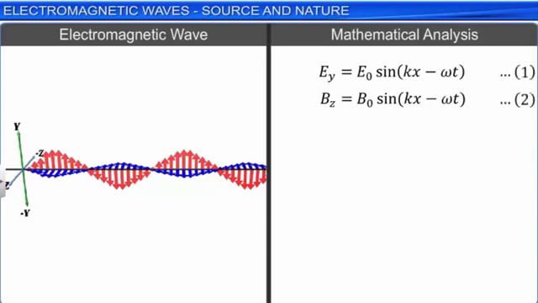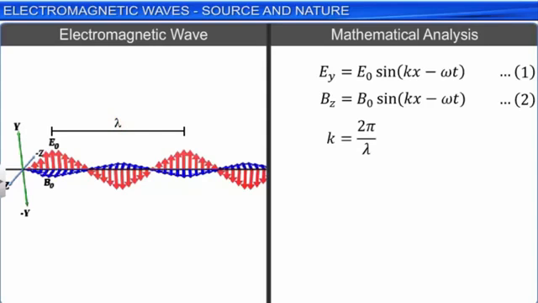Here, E_0 is the maximum value or amplitude of the electric field. B_0 is the maximum value or amplitude of the magnetic field. And k is the wave number related to the wavelength of the wave λ. That is, k = 2π/λ. Let this be equation 3.